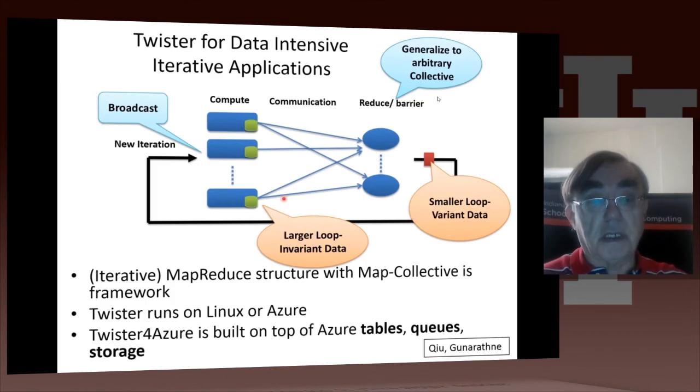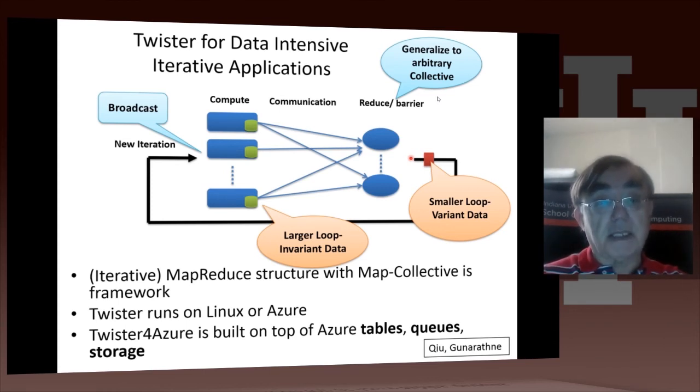So her group has a system called Twister, and Twister has this general structure of compute steps, followed by communication steps, followed by reduce steps, which we said generalized into arbitrary collective. And another difference between iterative MapReduce and Hadoop, this classic MapReduce, is that you only need to transfer the data that changes from iteration to iteration.